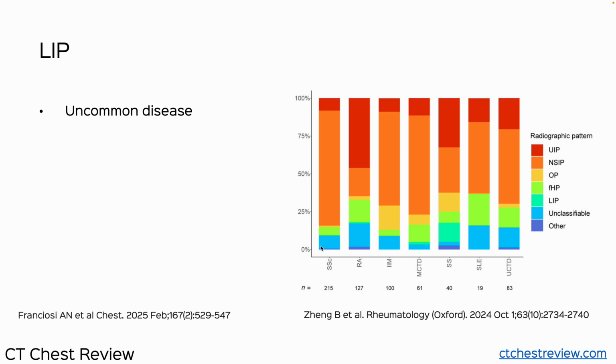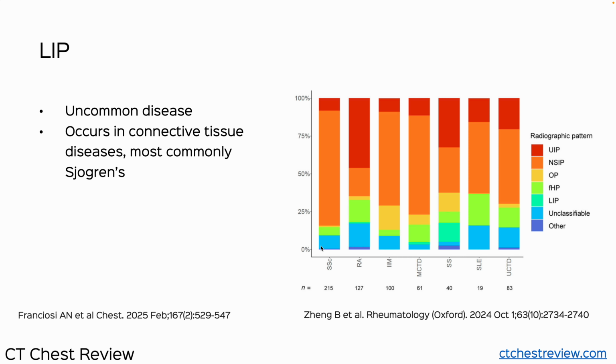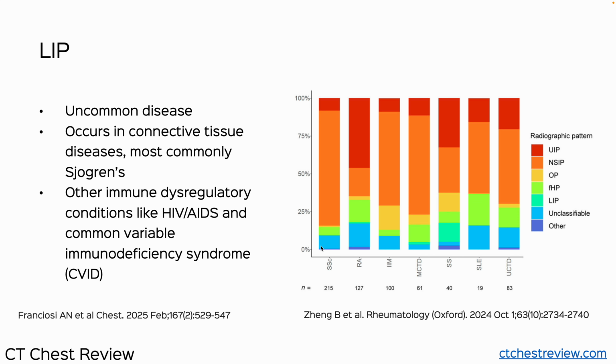LIP is an uncommon disease. It occurs predominantly with connective tissue diseases, and in that group of diseases, most commonly Sjogren's, and then in other immune dysregulatory conditions like HIV, AIDS, and CVID. Just to get a sense, here are the 7 common connective tissue diseases.